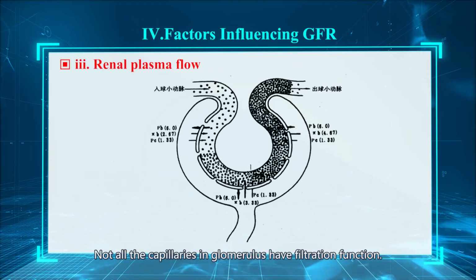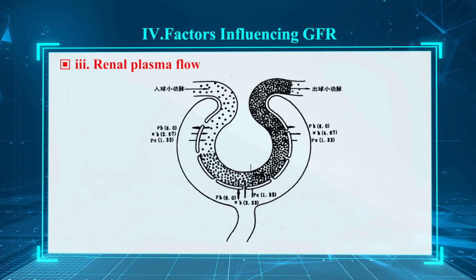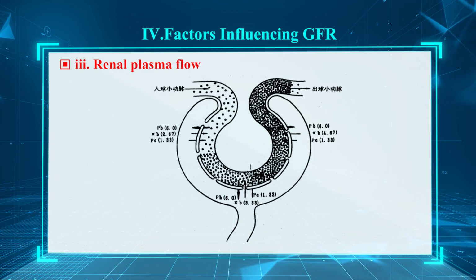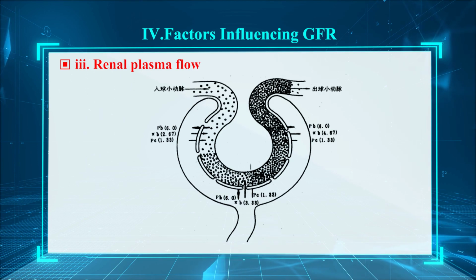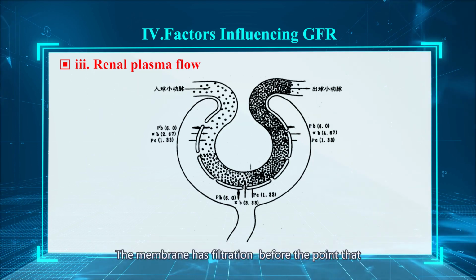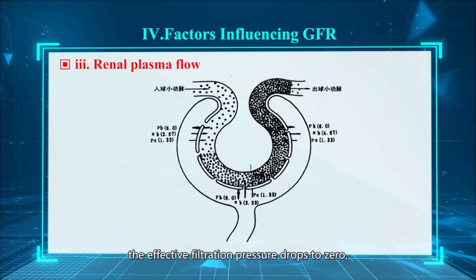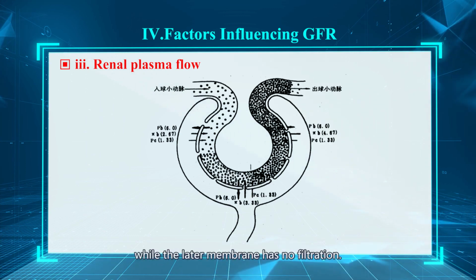Not all the capillaries in glomerulus have filtration function. With the filtration, plasma colloid osmotic pressure increases and the effective filtration pressure decreases. The membrane has filtration before the point that the effective filtration pressure drops to zero, while the later membrane has no filtration.